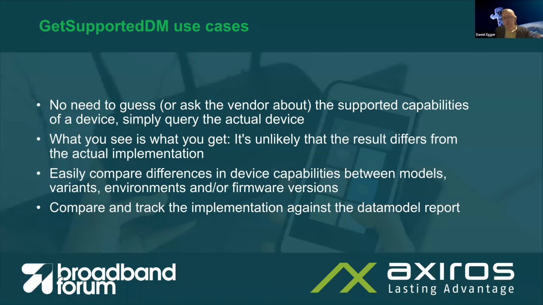And if you try to compare them to another device that has, again, different objects with different index numbers, it's really hard to see the differences. But in this particular case, since it's all abstracted over, you only get this identifier instead of the actual instance numbers. You can directly lay one on top of the other and see the differences in the supported data model.